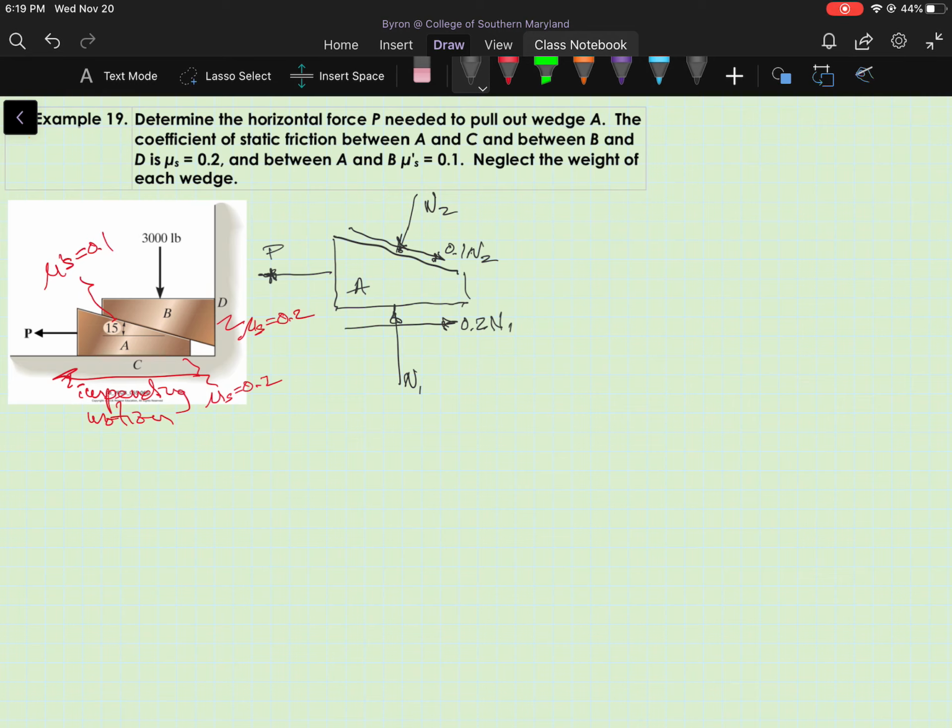Now, we're not concerned with tipping in this problem. We know the wedge is just going to slide. So it doesn't really matter where we show those two normal forces on their respective surfaces. And remember that normal force, we're showing it as a concentrated force, but it's really distributed along the surface with some unknown distribution. And it's fine to show it this way, but we need to realize that we're not going to have that moment equation available to us as one of our three equations of equilibrium.